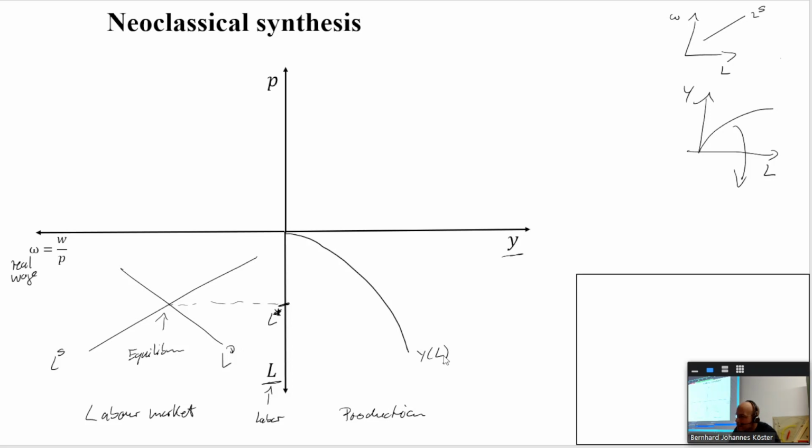So now we suppose that production level is mainly determined by our labor. So then we go with our equilibrium amount of labor to our production function.